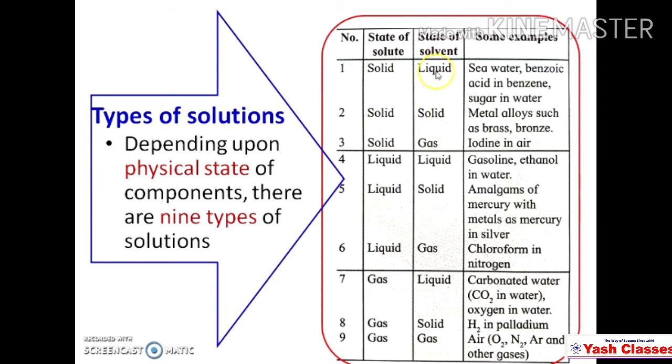An example of a solid in liquid type of solution is benzoic acid in benzene. Benzoic acid is a solid and benzene is a liquid, and the resulting solution is a solid in liquid type of solution. Seawater is also a solid in liquid type of solution; we'll take the example of sodium chloride in water. Actually seawater is saline water.